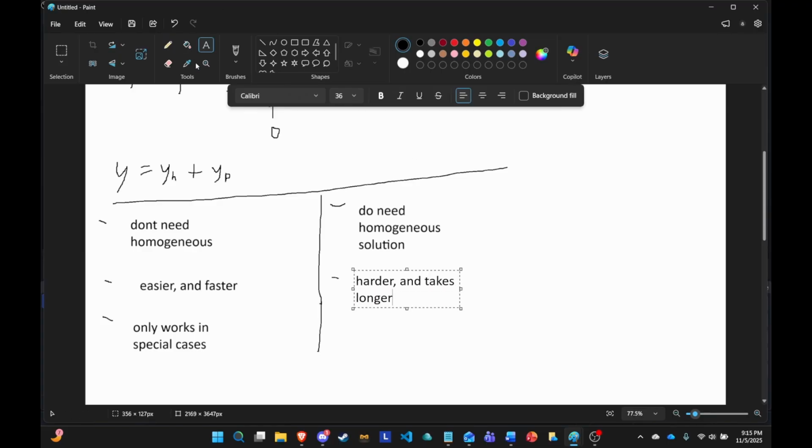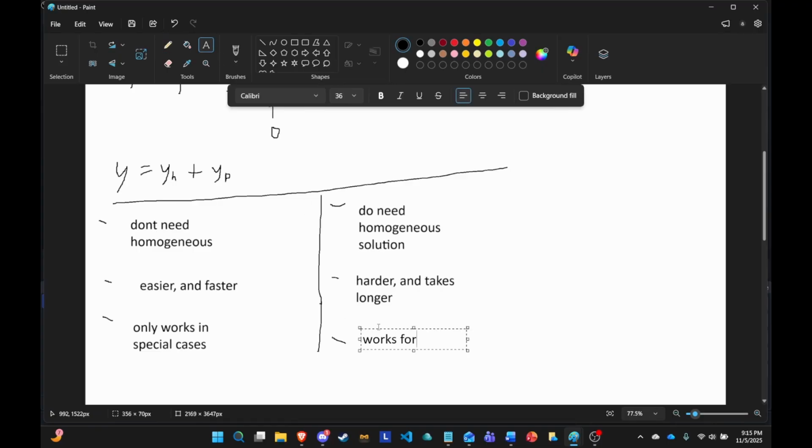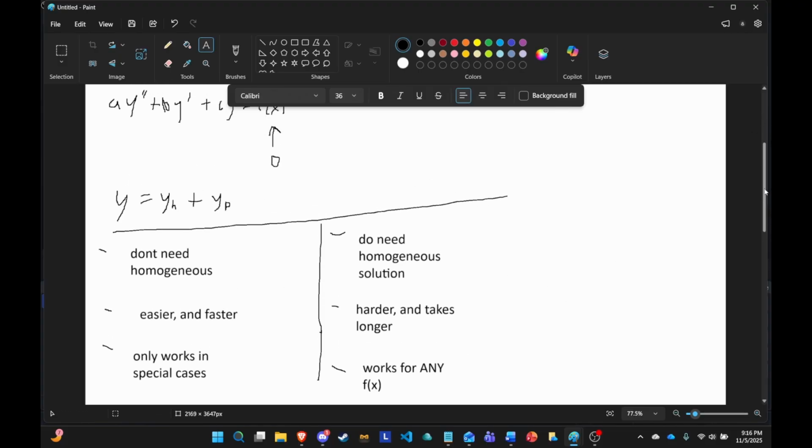And finally, this strategy works for any function of x. So there's a trade-off here. Typically, if you can, you're going to want to do undetermined coefficients, especially to save time on an exam. But if you see a function that doesn't seem to work, then you're going to need to switch and do variation of parameters. So it's good to be capable of both strategies.